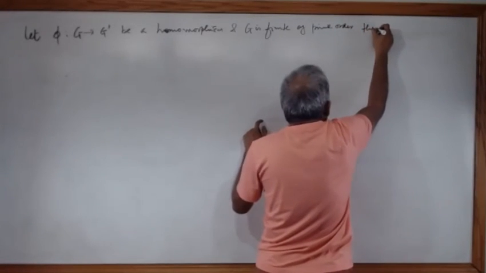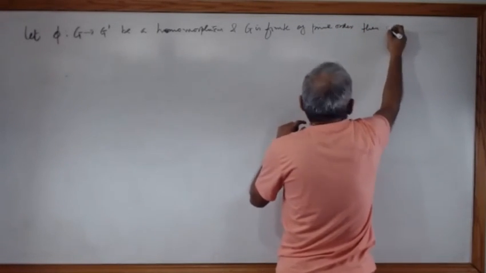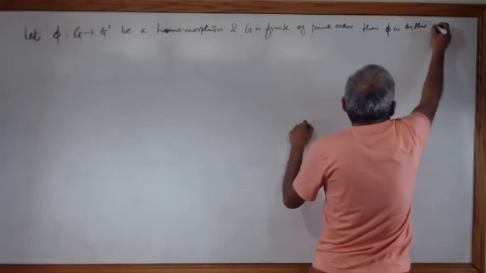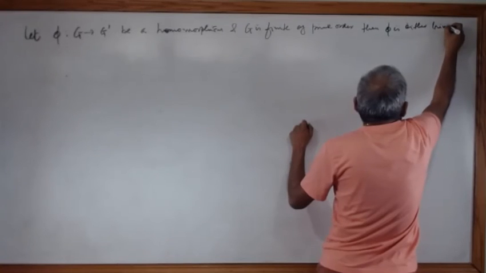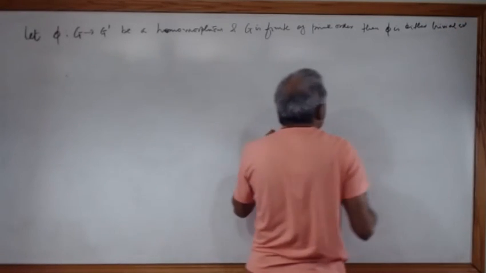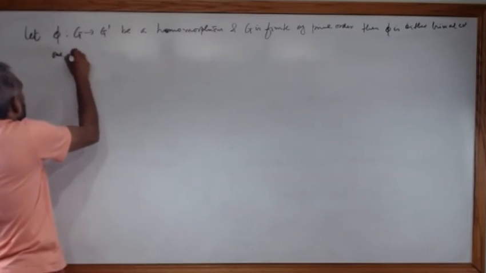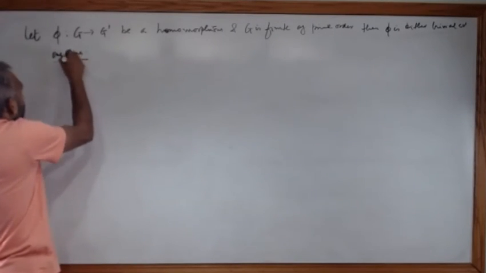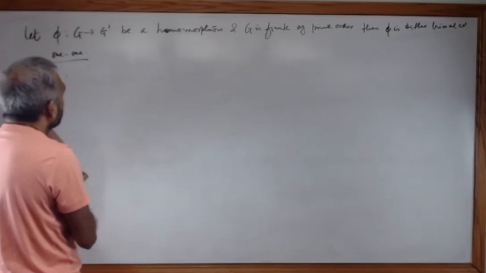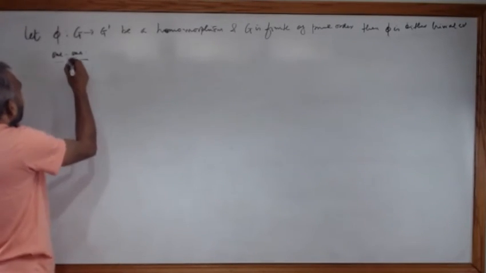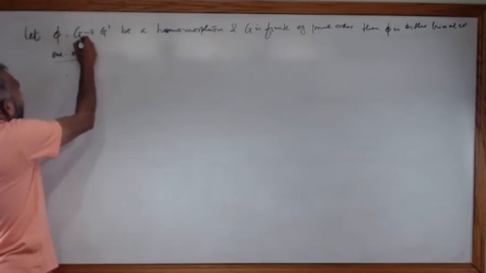Then phi is either trivial or one-one. So G is a finite set.